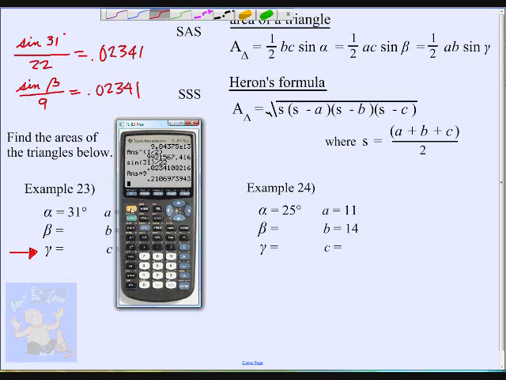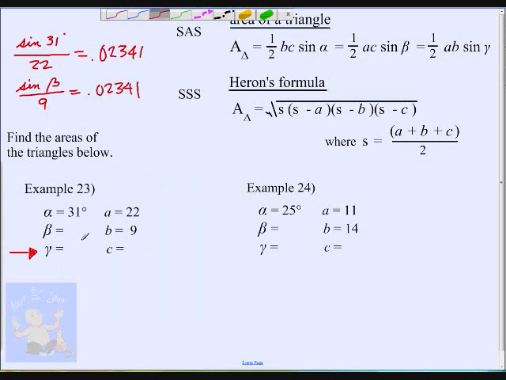And I'll find out what beta is by putting that into arcsine, 0.21069. 12.16 degrees.